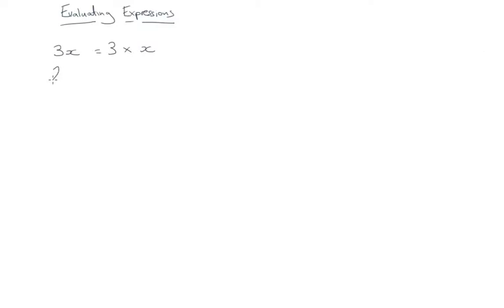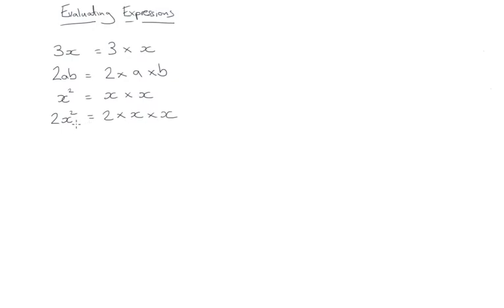So if I was to write 2ab, that would be the same as saying 2 multiplied by a multiplied by b. And then if we have x squared, that's the same as saying x multiplied by x. Or if we had, say, 2x squared, that would be the same as saying 2 multiplied by x multiplied by x.